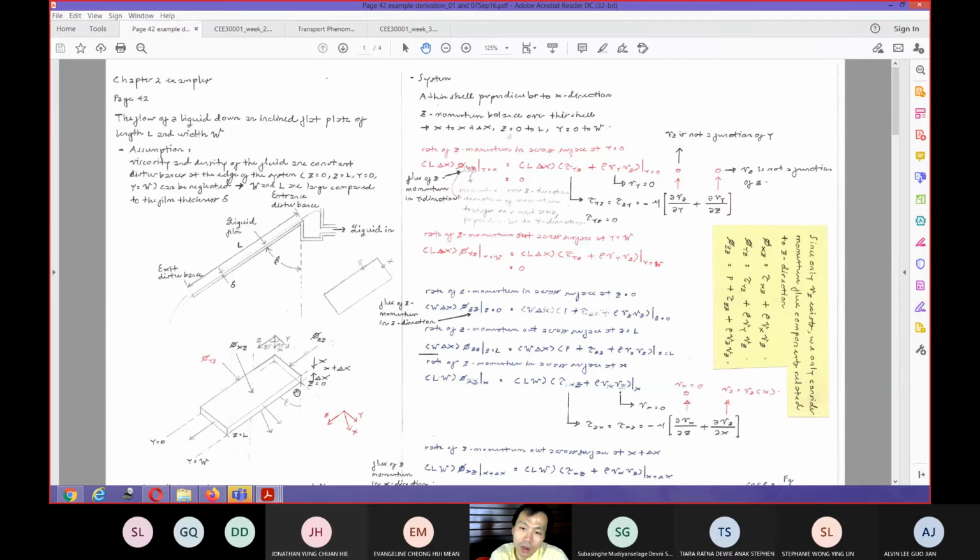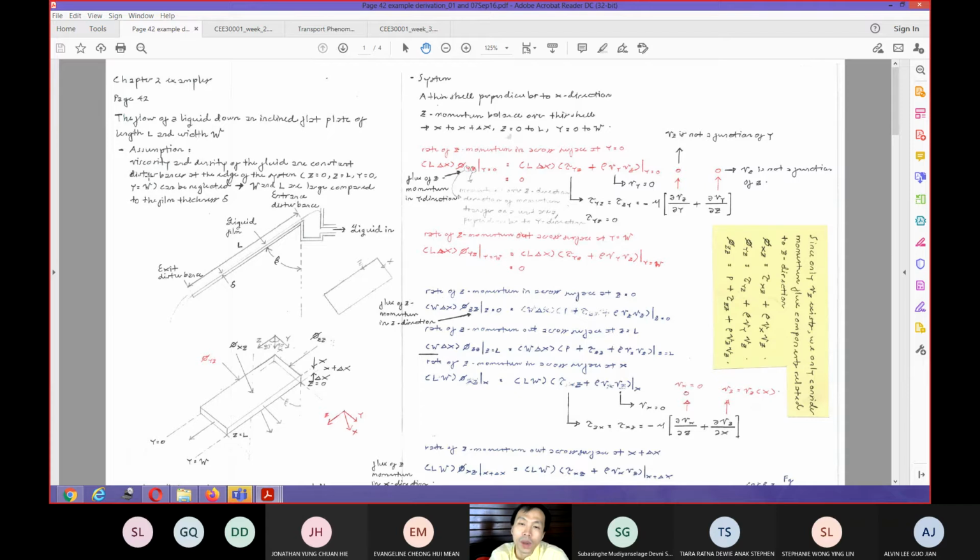The length is from this to here, the length is L. When we take a 3D image of the picture, we can visualize that we have a width of W. And from the bottom to the top, the film has a thickness, and I think we call it delta, if I'm not wrong, the film thickness.